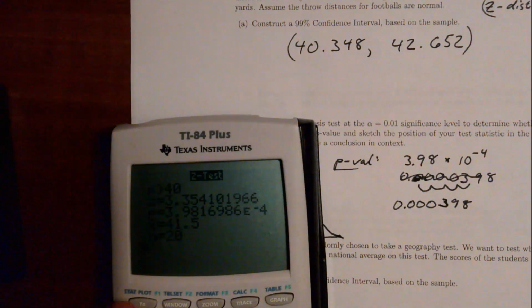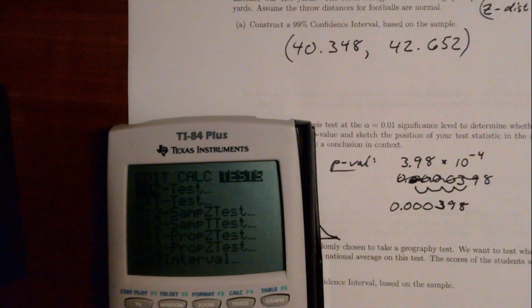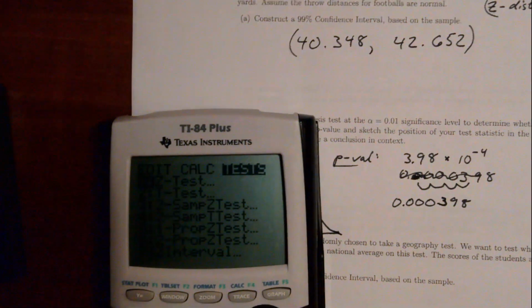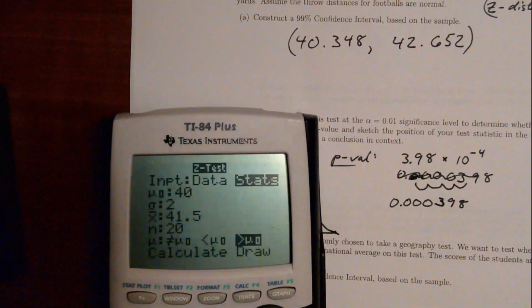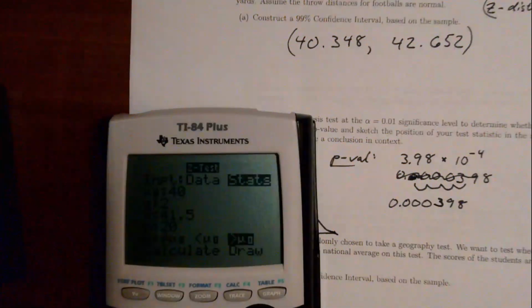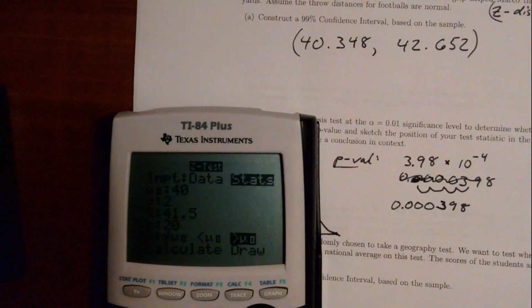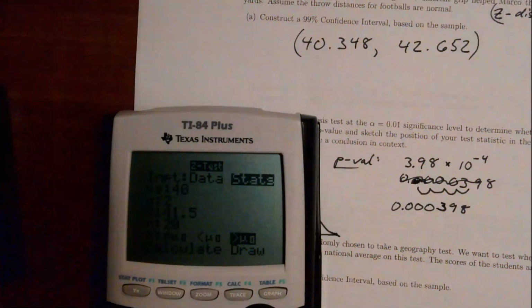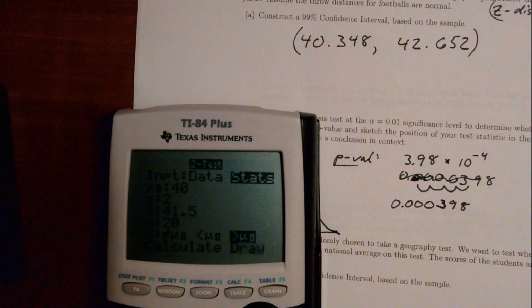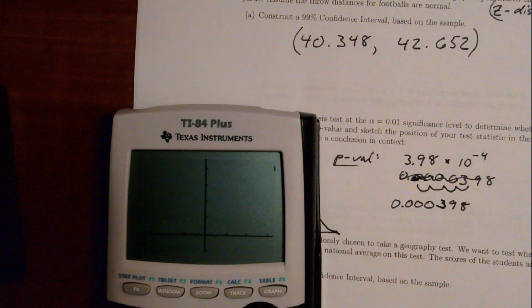Go to stat, go to tests, just go to the exact test we just did, the z-test. And all of the values that we already entered are still there, still good. And now instead of doing calculate, do draw. And then it takes it a minute here, but here it goes. System processing.